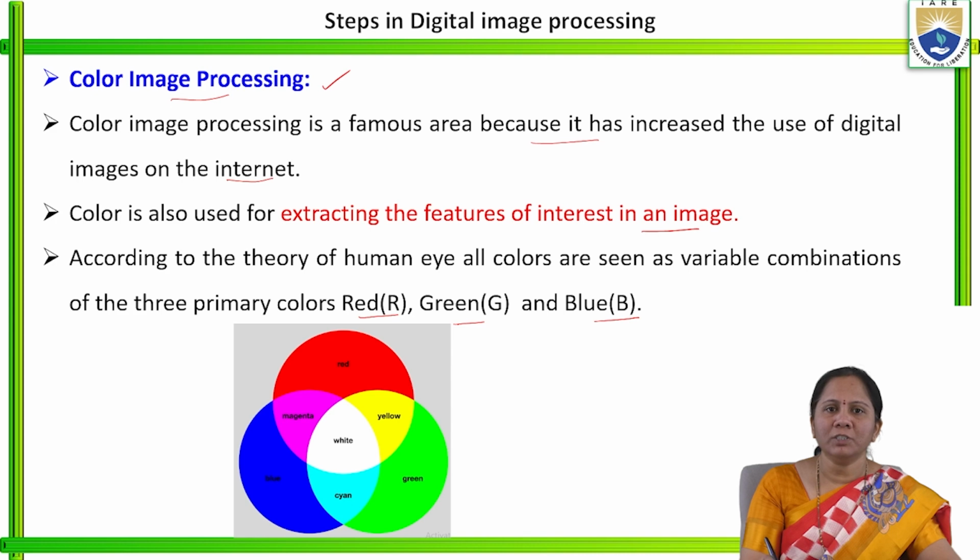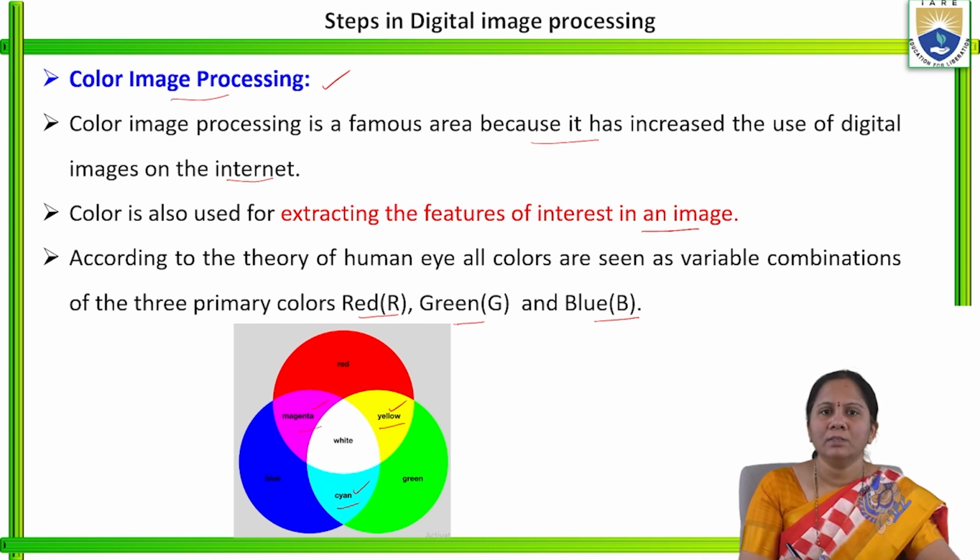In combination with these three colors, some additional colors like C, M, Y will be extracted. Here C stands for cyan, M is magenta, and Y is yellow.